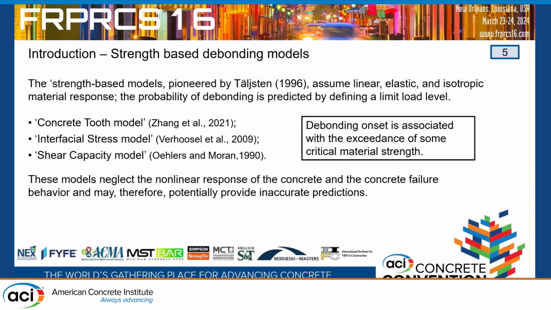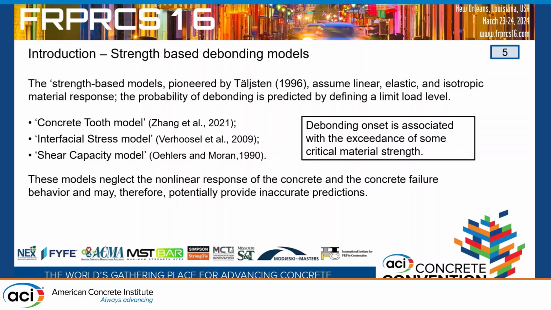So historically, the initial attempts to model the debonding assumed linear, elastic, and isotropic material response. The probability of debonding is predicted by defining a limit load level. Some models are listed below.